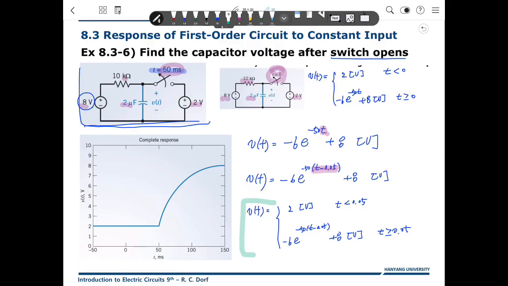Actually, this is a more exact expression to describe Vt here, because this solution is satisfied when t is larger than 0.05.